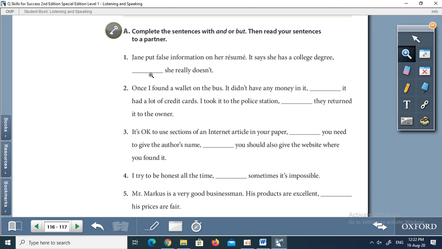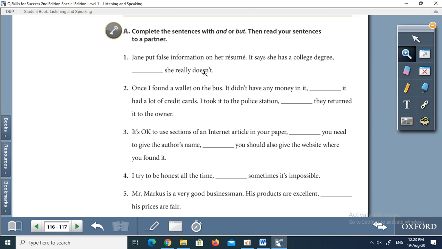Okay, let's just do number 1 as an example. Jane put false information on her resume. It says she has a college degree, but she really doesn't. Doesn't tells you that you use but, because has a college degree is a positive statement, doesn't is a negative statement.